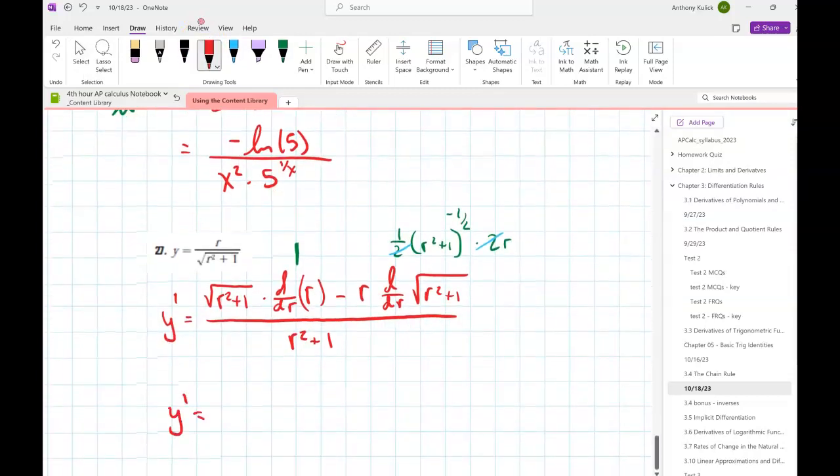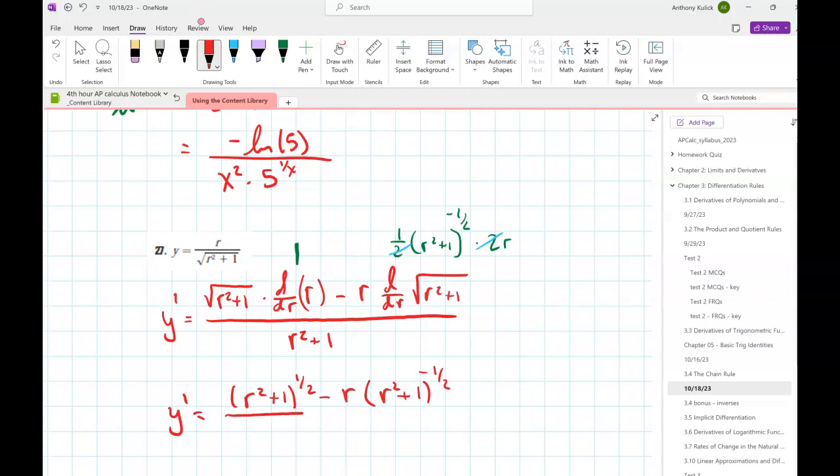Let's see what kind of clever factoring we can employ. So I think I can do a lot better than this.